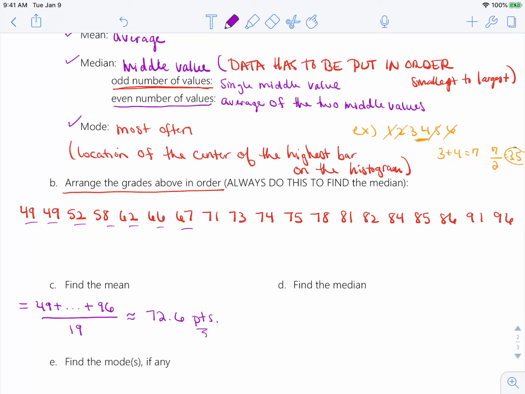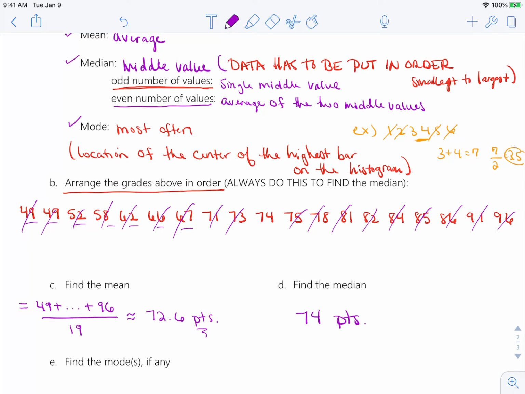The median, I have to find the middle number. So I'm going to go one out, out, out, out, because there's an odd number, right? Because we have 19, we should have a clear middle. And we have this, this, this, this. So 74 points is our median.